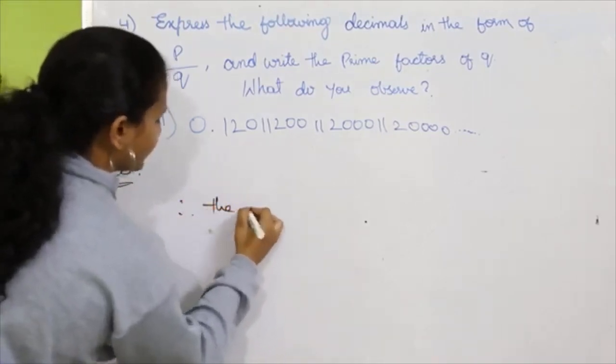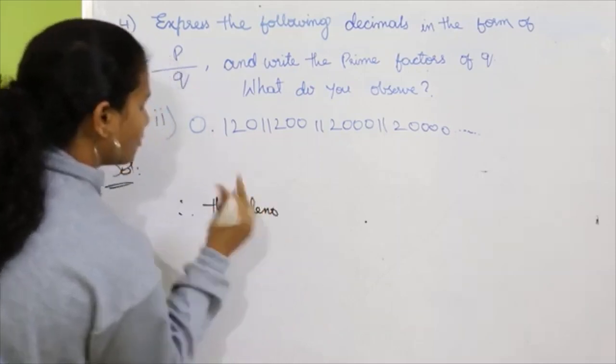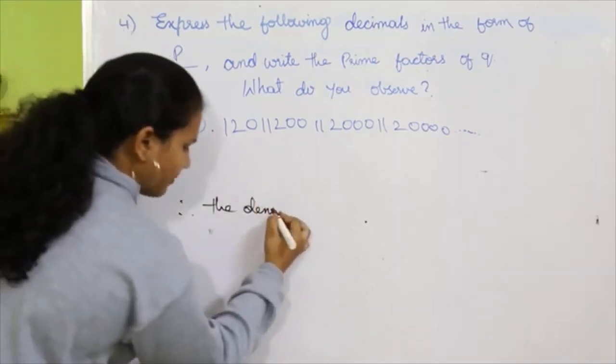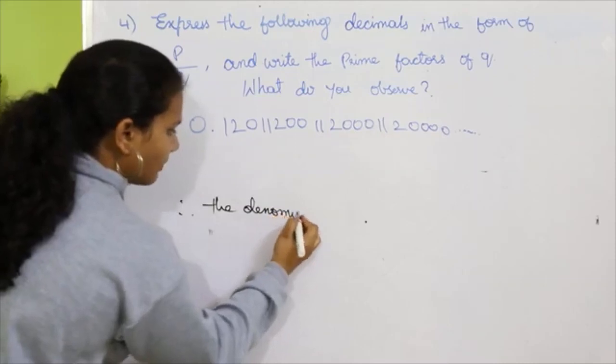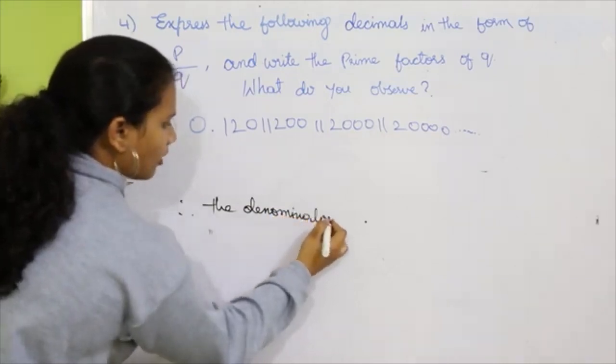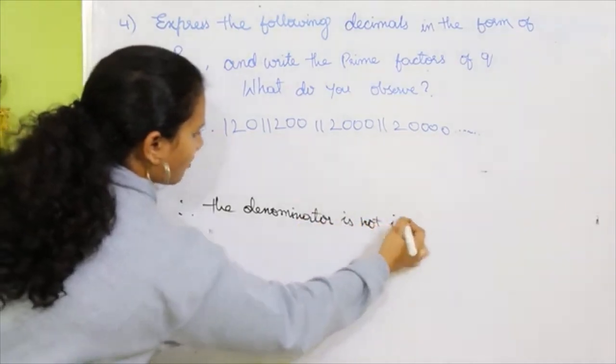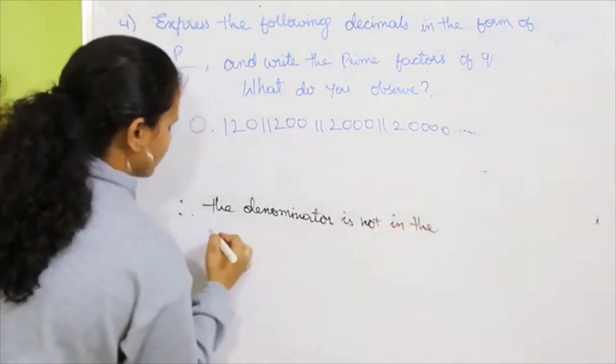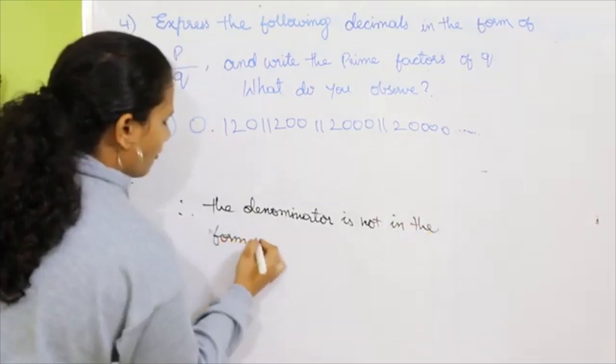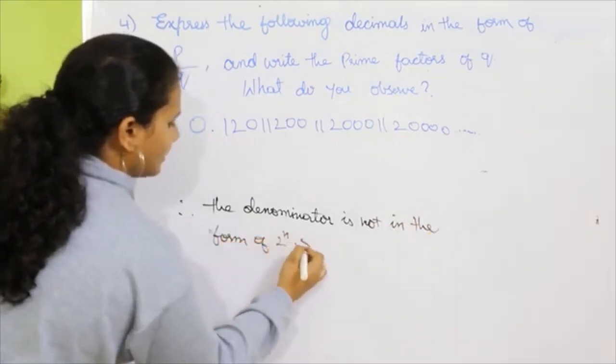So for the denominator, you make 3 statements. The first statement is the denominator is not in the form of 2 power n into 5 power n.